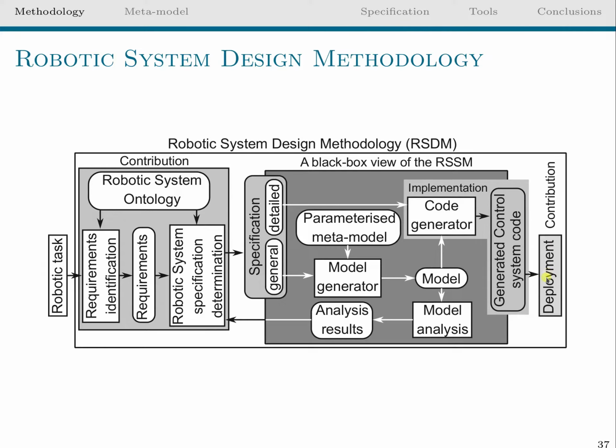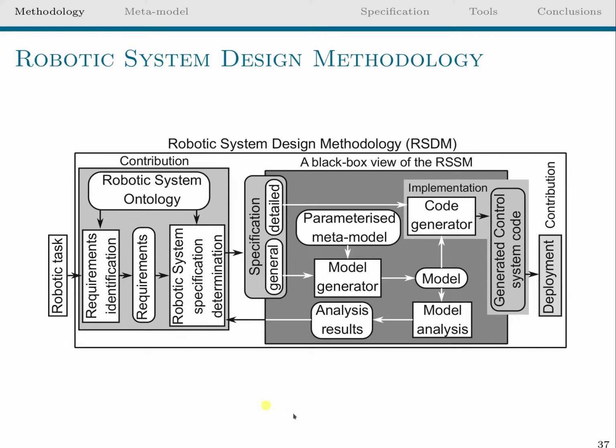In this article that we are submitting, the main contribution is presented here on the left side. This is the introduction of the robotic system ontology and transformation of the general requirements into the specification. What we provide are appropriate patterns that help the designer to define the specification.